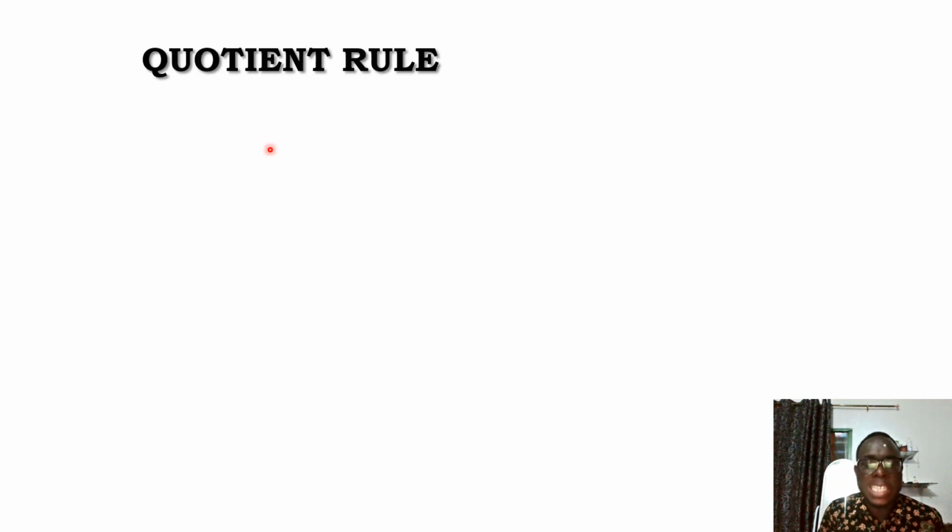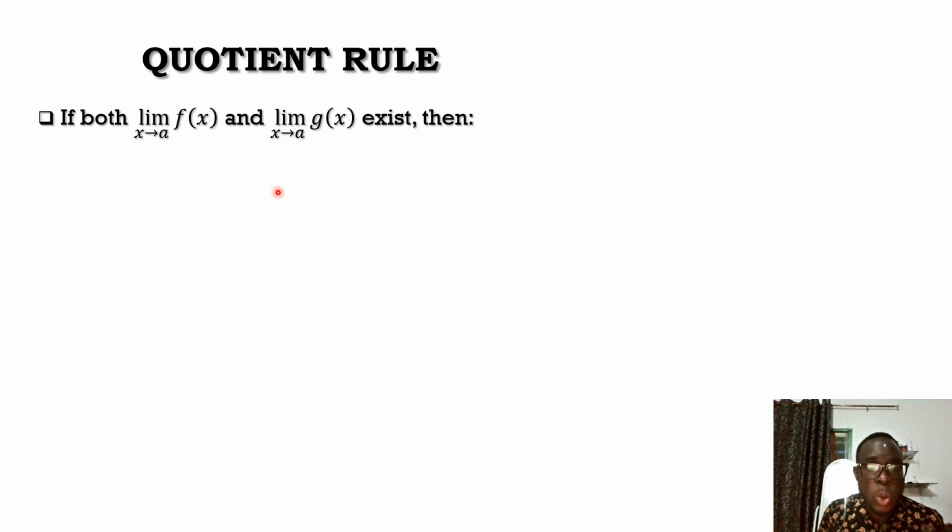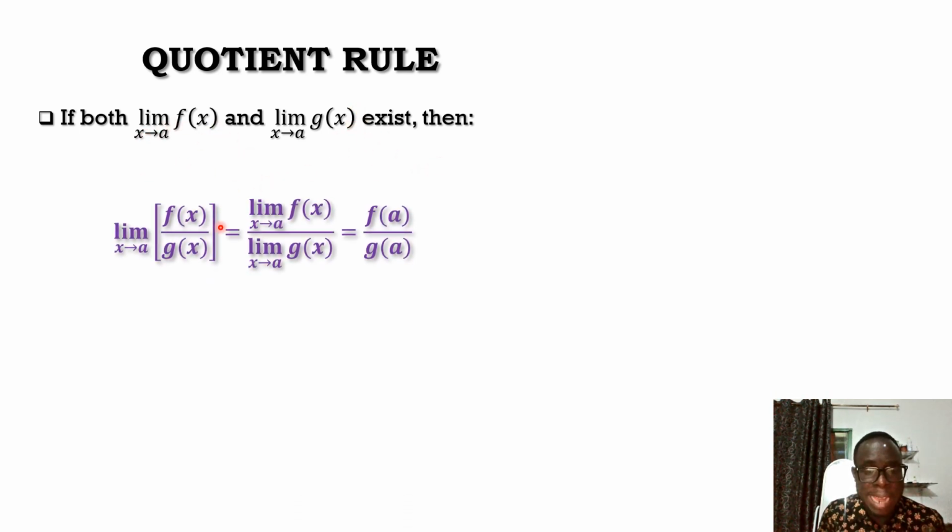So this is all about the product rule for the limit. Now let's move to the next rule, which is known as the quotient rule. For the quotient rule, it says that if both limits of f of x and g of x as x approaches a exist, then the limit as x approaches a of f of x divided by g of x will be equal to the limit of f of x divided by the limit of g of x as x approaches a.